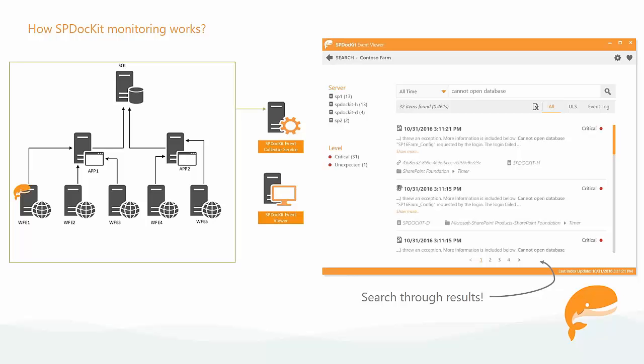The final step would be to install the SPDocKit Event Viewer application and to start exploring collected ULS events on any Windows server or on a workstation. And here on the right side you can see the result. You can see how the SPDocKit Event Viewer looks, and Tony will show you afterwards a quick demo of this feature.